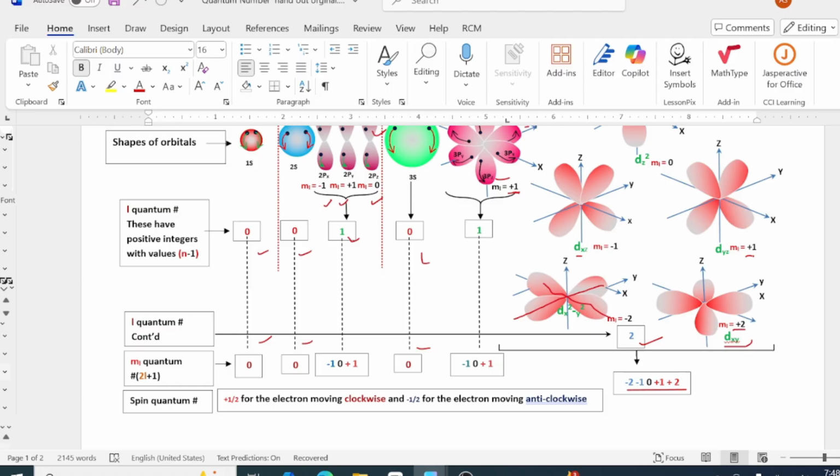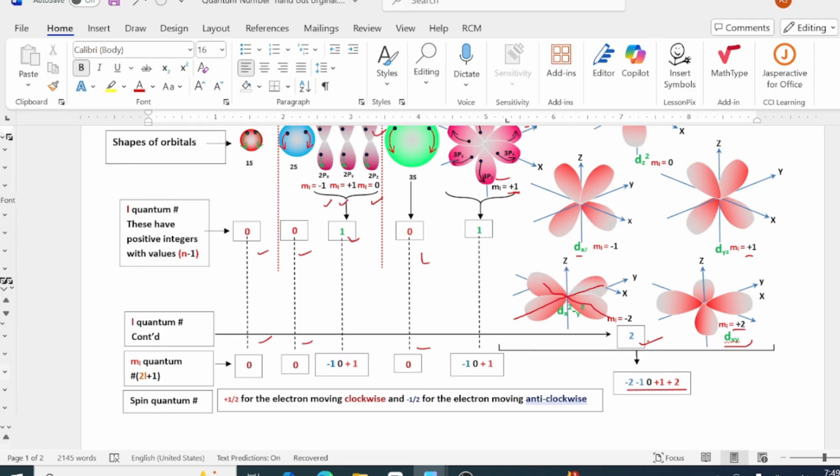So let's say somebody says to you, okay, an orbital has a principal quantum number of 3. You're talking about the third shell electrons. It has a secondary quantum number of 2. It means you're talking about one of these 5 d orbitals.